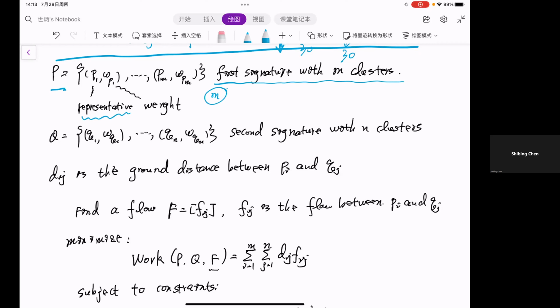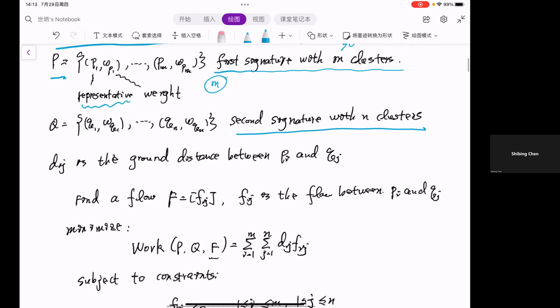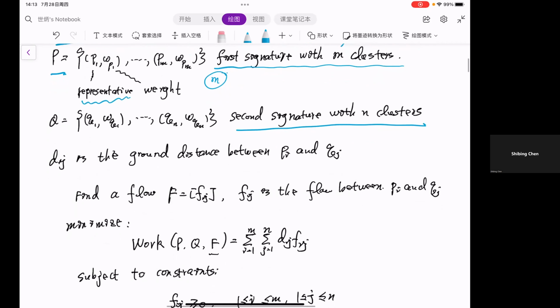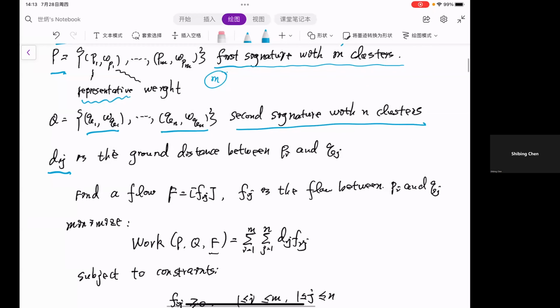The second signature also has N clusters, Q1 to Qn, and then Dij you can think of as the distance, the cost function, like C. This is a discrete model. So Dij is like the cost of moving unit mass from Pi to Qj.